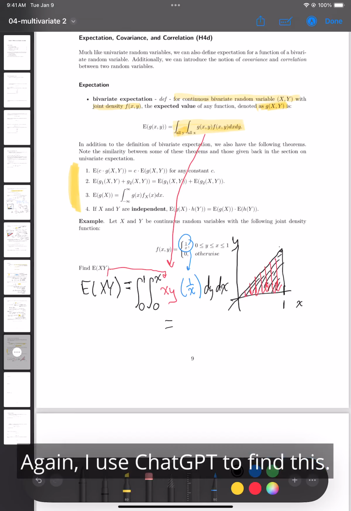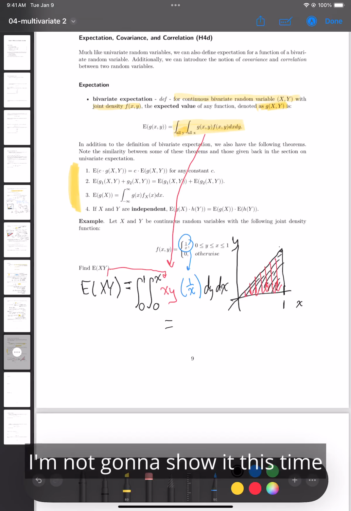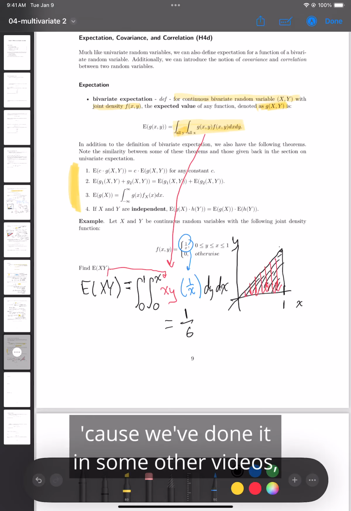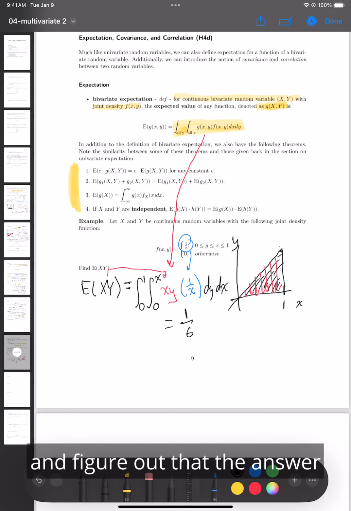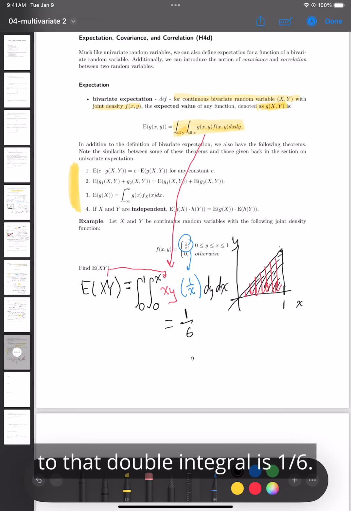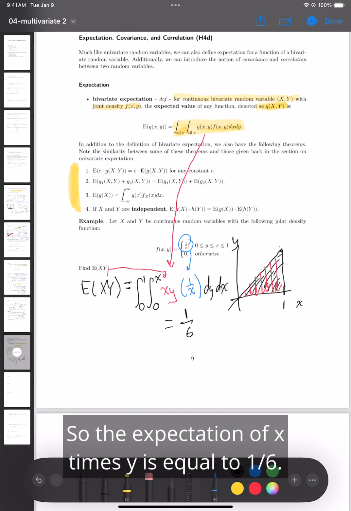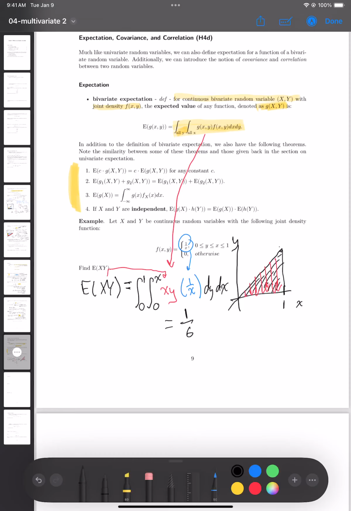I used ChatGPT to find this. I'm not going to show it this time because we've done it in some other videos, but you could use whatever technology you like and figure out that the answer to that double integral is 1/6. So the expectation of X times Y is equal to 1/6.